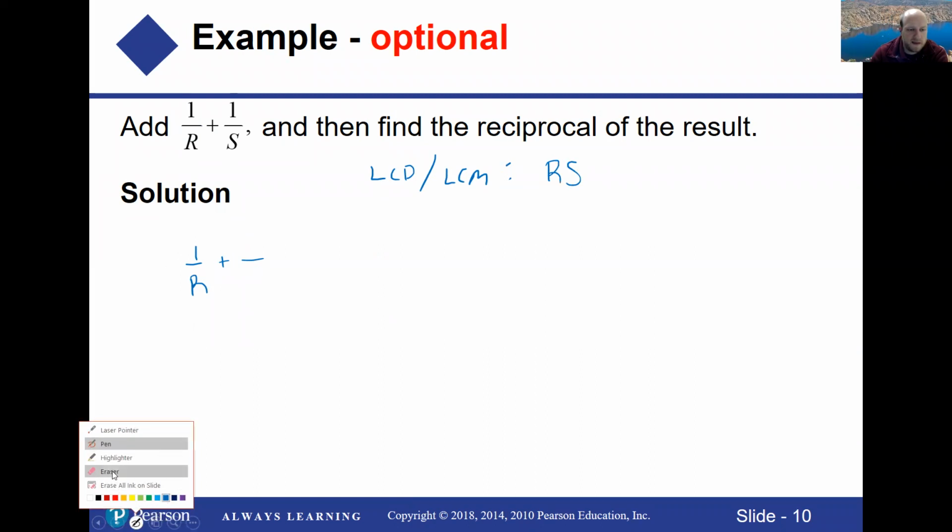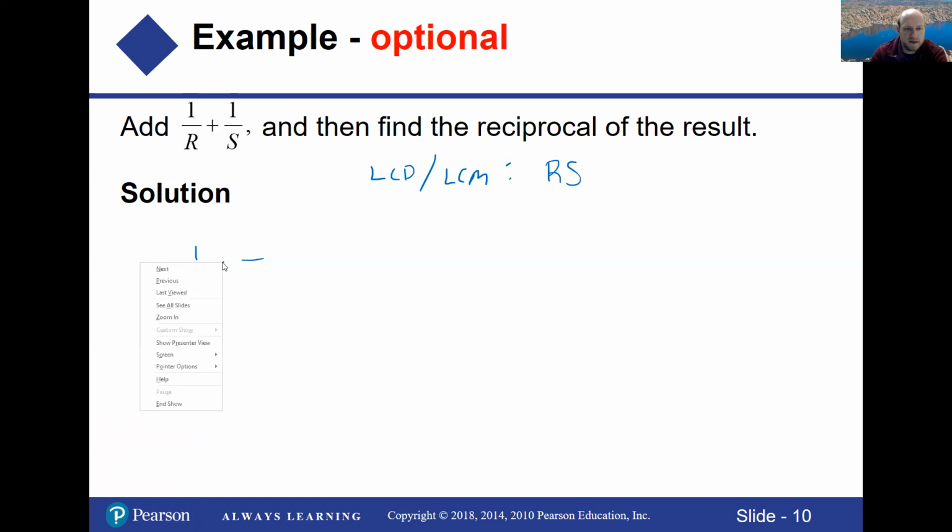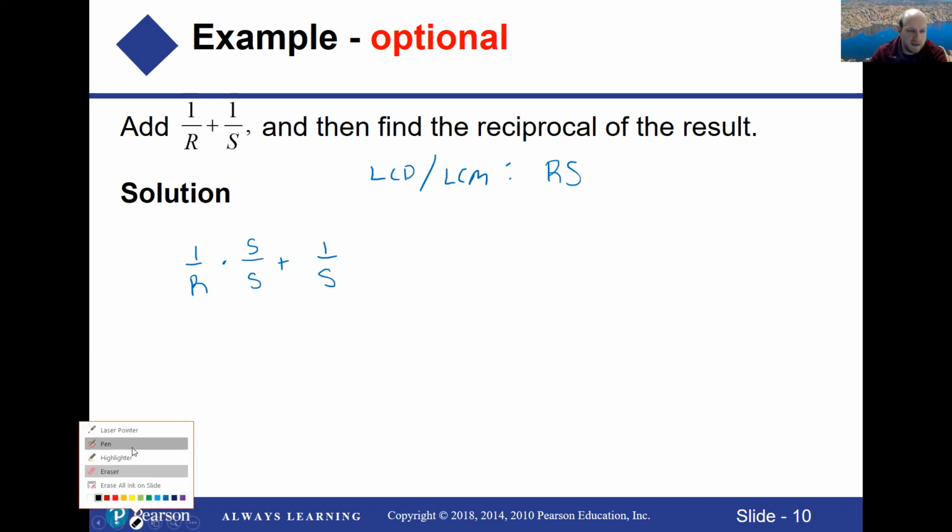Let's go ahead and multiply it by the missing factor right away. So I'm going to multiply this by s over s, because that's what 1 over r is missing. In the denominator, it's missing that s. And then 1 over s is missing an r, so I want to write that with the fraction bar like I've been doing.